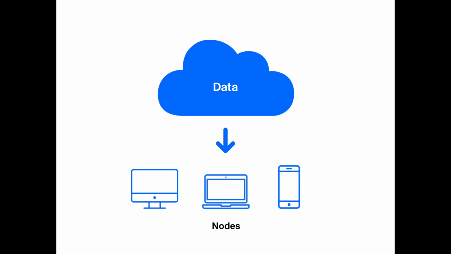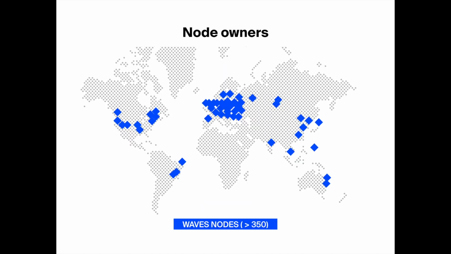So, why is it so secure? The key feature: data is stored on many devices at the same time. These devices are called nodes. This is how it looks for Waves, as an example. We have more than 300 nodes launched all over the world. It's really important because we don't have nodes located in the same city or the same country.